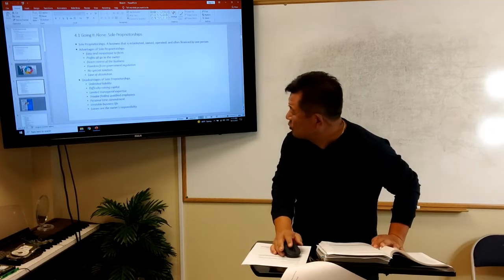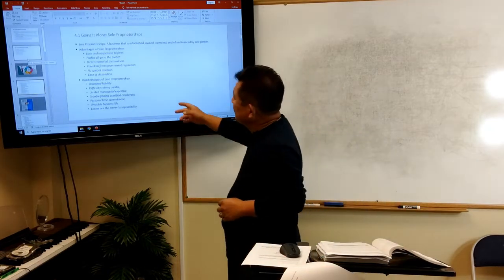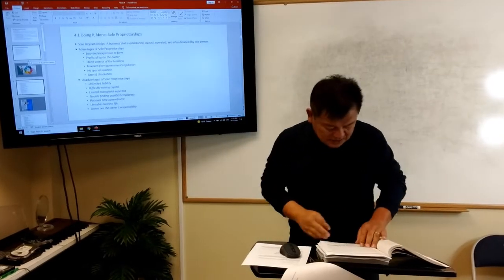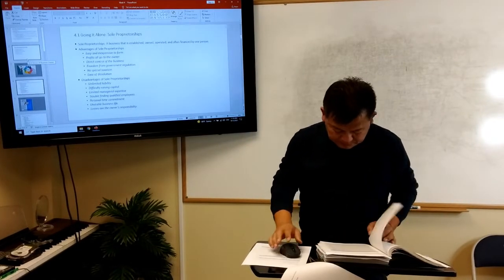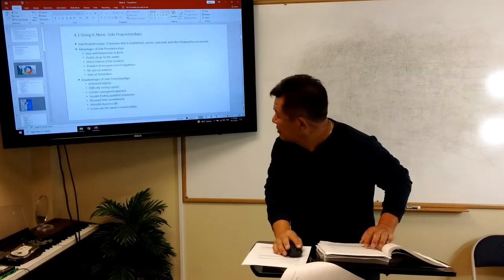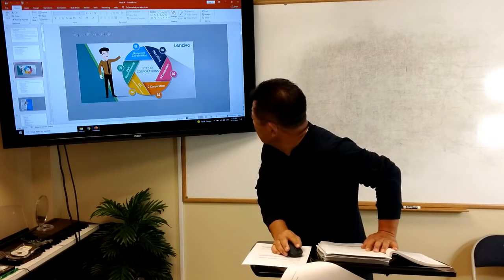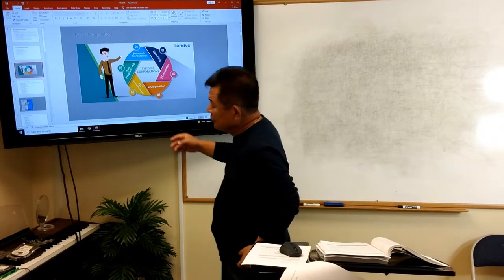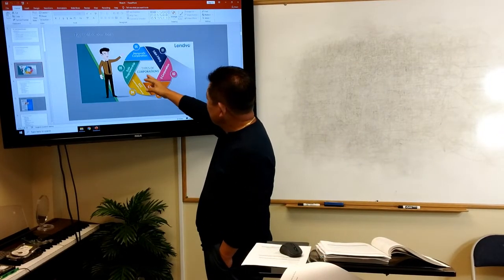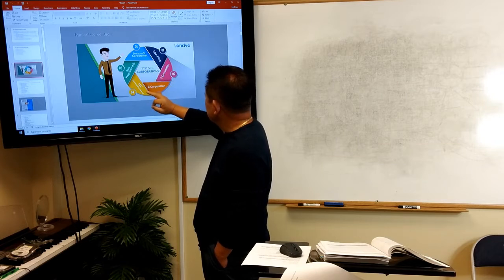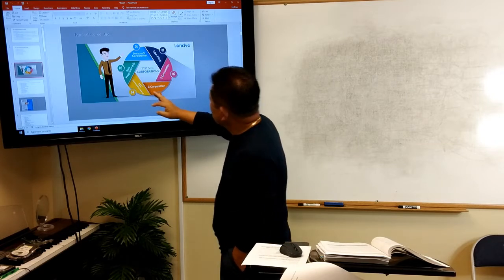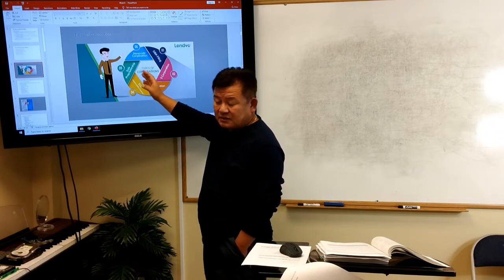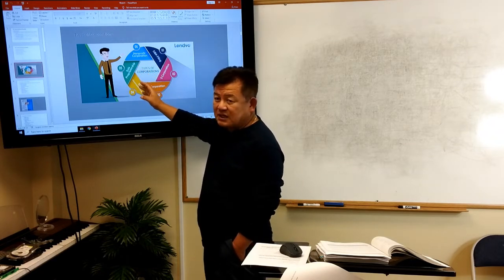So section 4.1 is going it alone, sole proprietorship. Before that, the types of business organization: there are 6 categories.